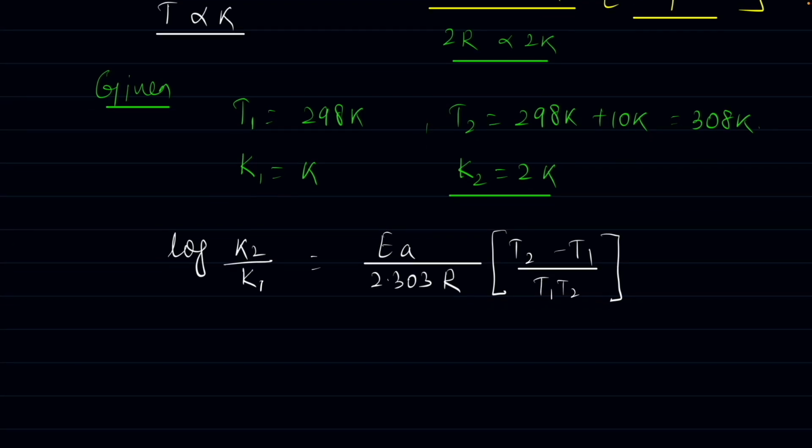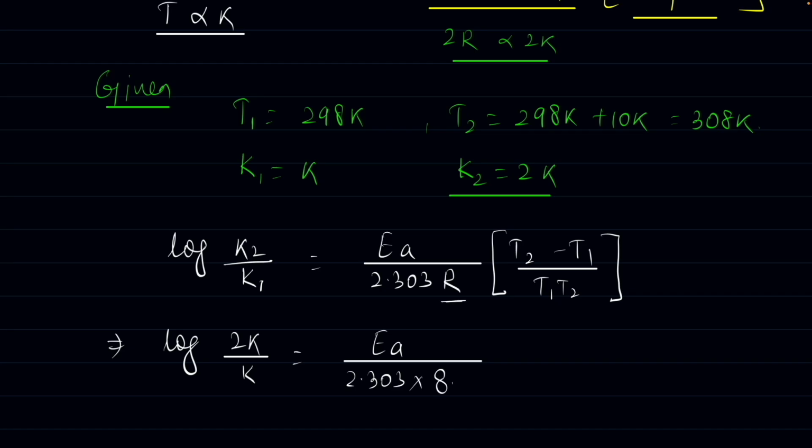So if you substitute the values, log of 2K divided by K is equal to EA divided by 2.303 into R. This R is the gas constant and we take the value 8.314. T2 is 308, T1 is 298, divided by 308 into 298.